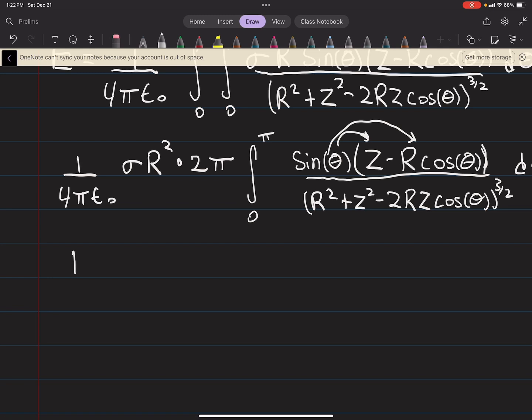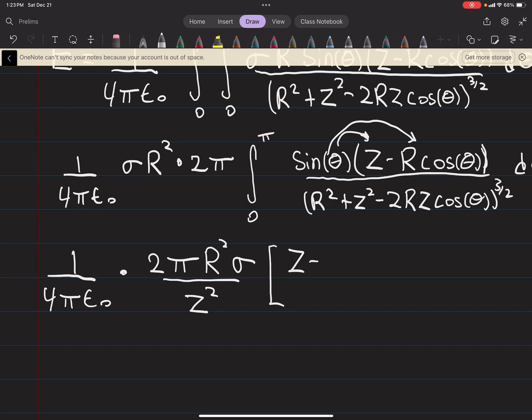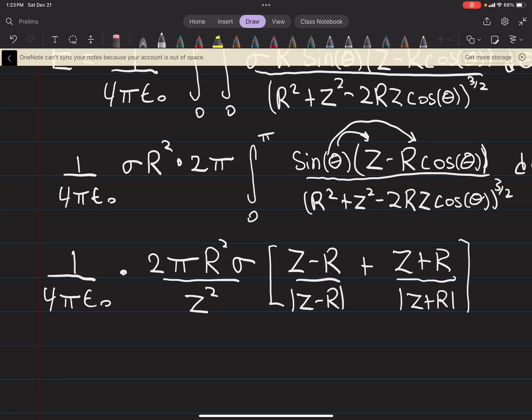I will say what you should get is something at least equivalent to 1 over 4 pi epsilon naught, 2 pi r squared sigma over z squared, times z minus r over the absolute value of z minus r, plus z plus r divided by the absolute value of z plus r.